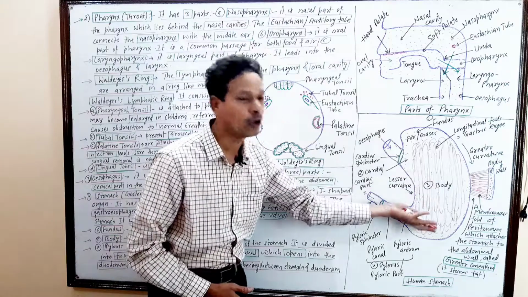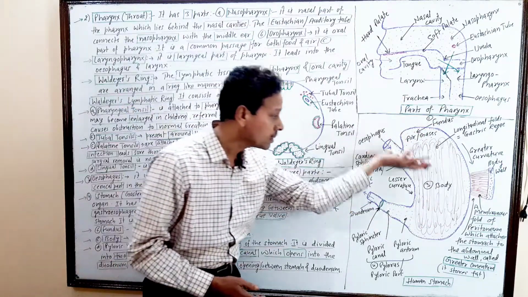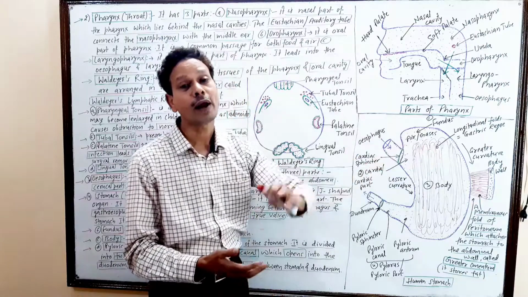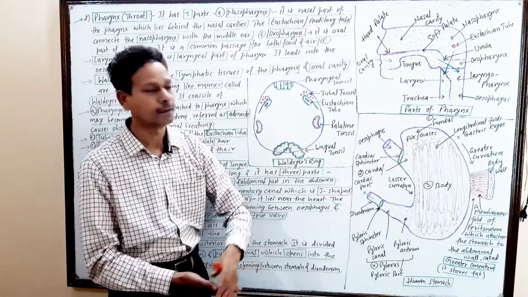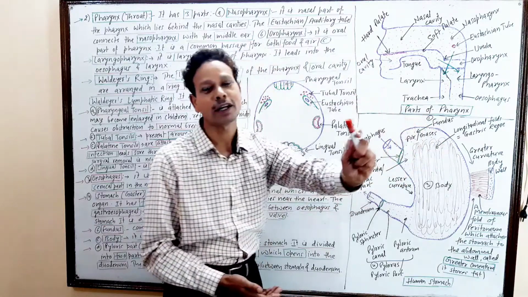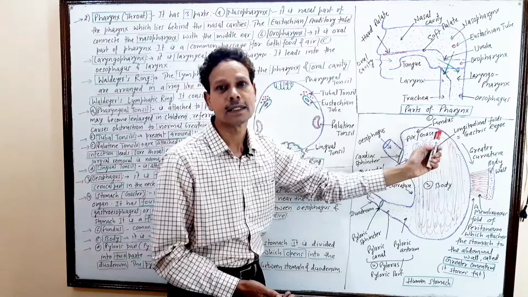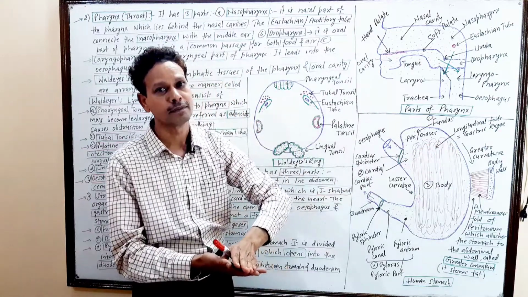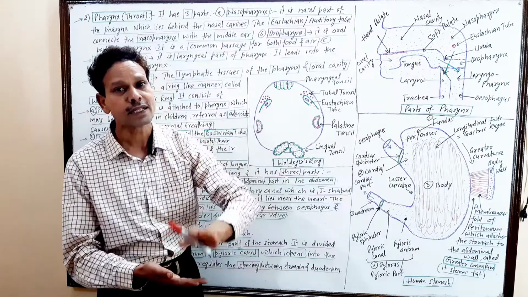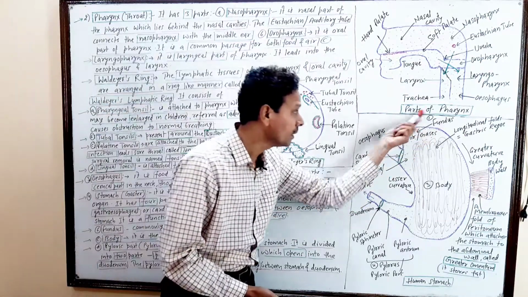And this stomach, which is the widest part of the alimentary canal, is divided into four parts. The upper part, note down, very important for all competitive exams, is the fundus. In this fundus, particularly gases, air, get stored in this upper region.